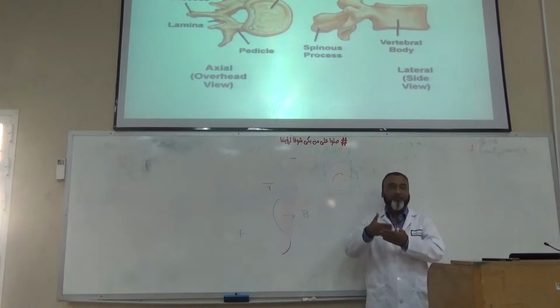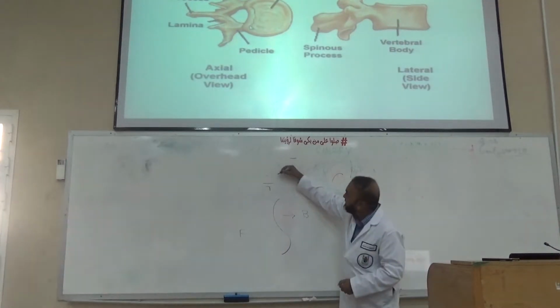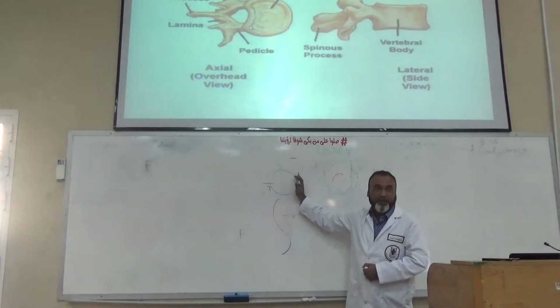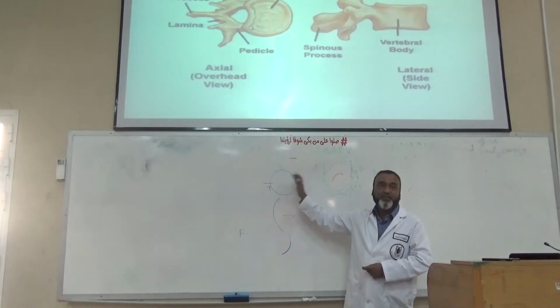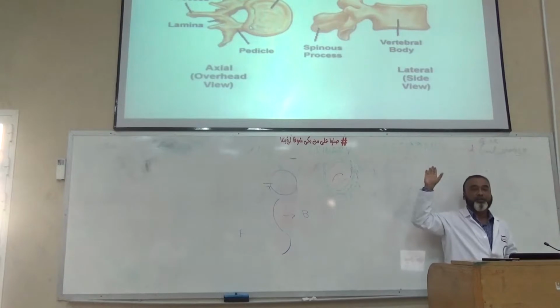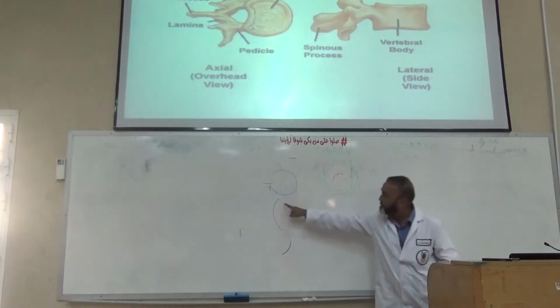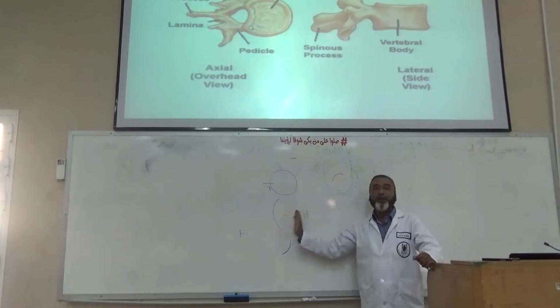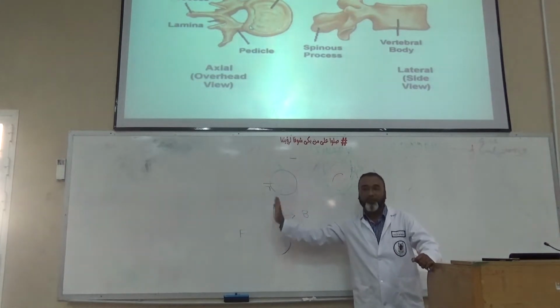If it were full like this, the backward concavity would not be possible. So due to the presence of the backward concavity, the disc also shows slight concavity on the backward side, and the posture of the lumbar vertebrae, you can see, is concave backward and convex forward.